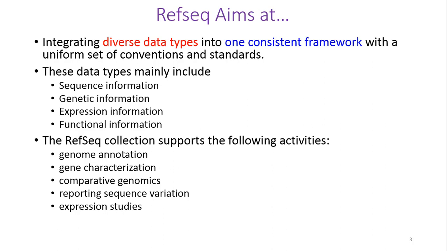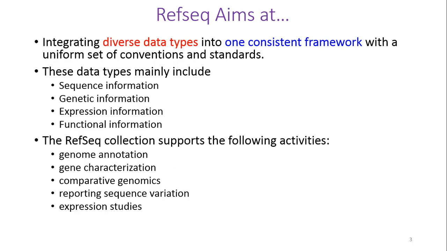These data types might include sequence information, the genetic information associated with it, its expression information, as well as its functional information. So the aim of the reference sequence database is to integrate everything. This initiative supports activities like genome annotation and gene characterization.